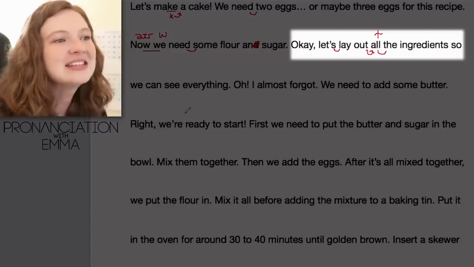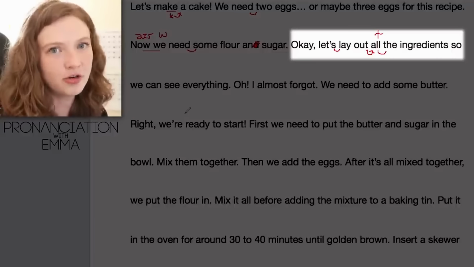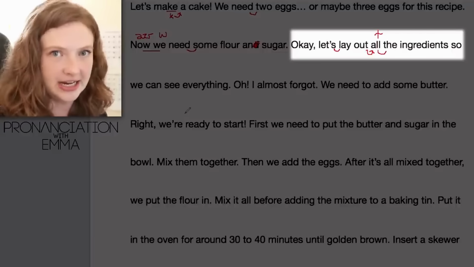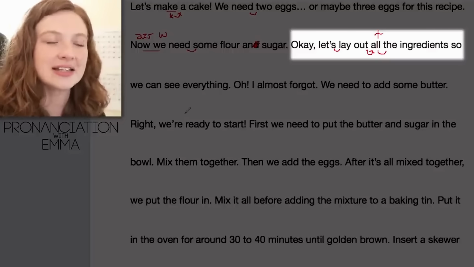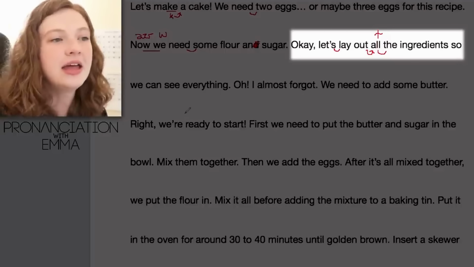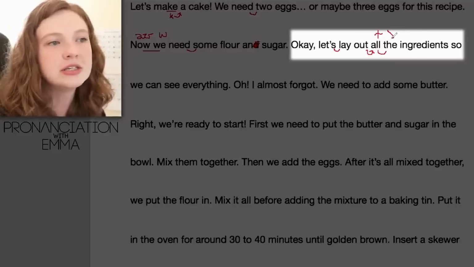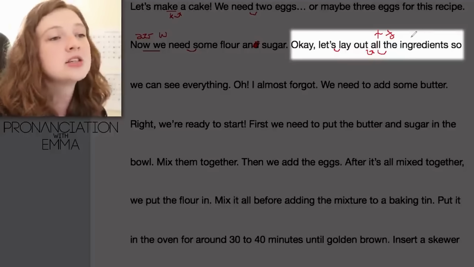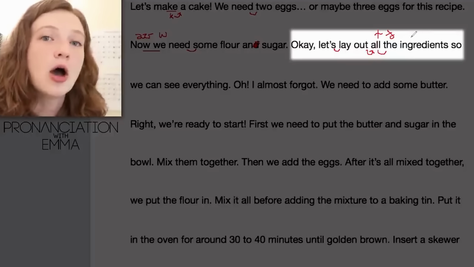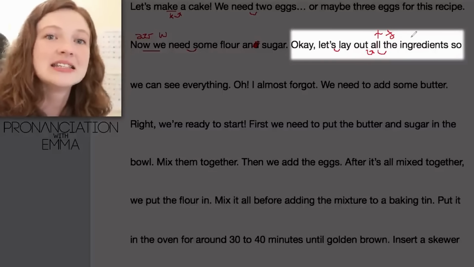So let's lay out all the ingredients. Not all the ingredients. My tongue stays up and then it just goes straight to the voiced TH. Again, I have a video about that. I'll link that down below as well. So ingredients, so.